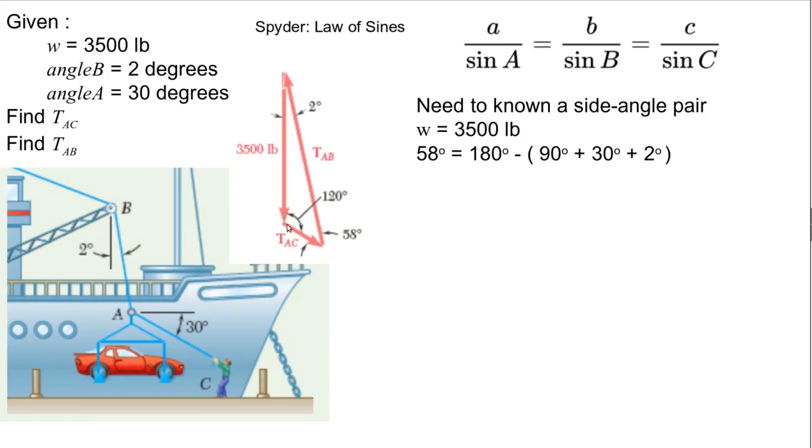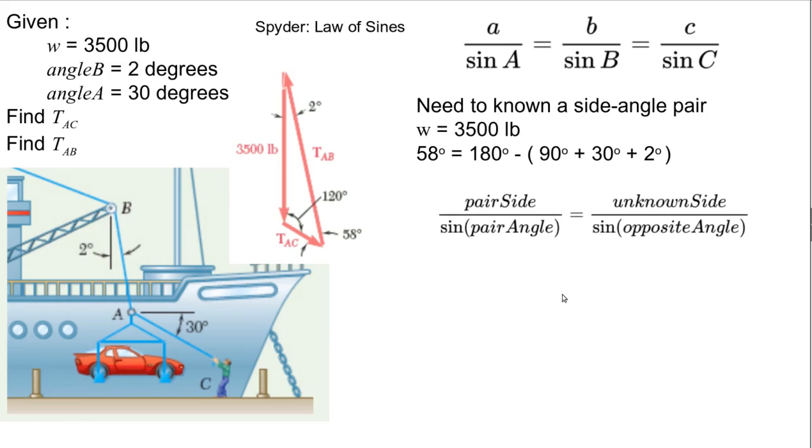It was 90 plus 30 for how far we were going down, and then the 2 degrees at the top. So we know those two things. I like to rewrite the law of sines here, so there's a pair that we know.